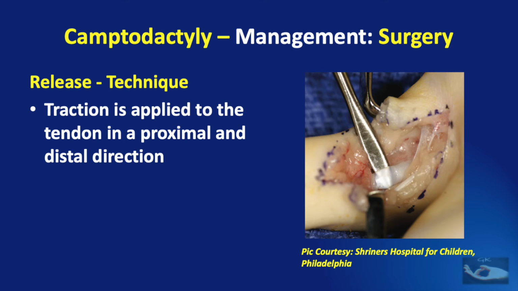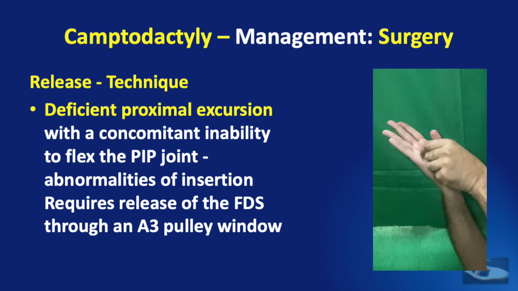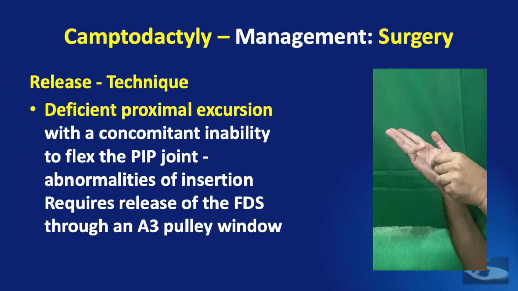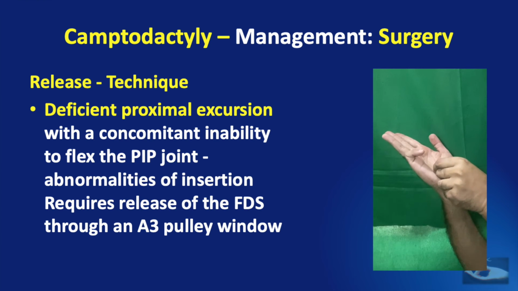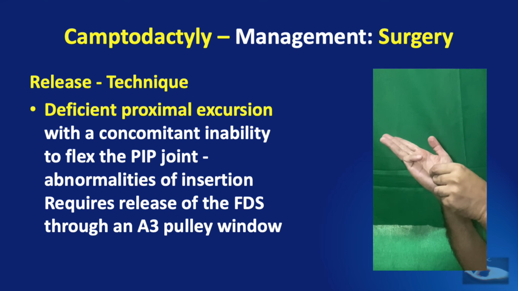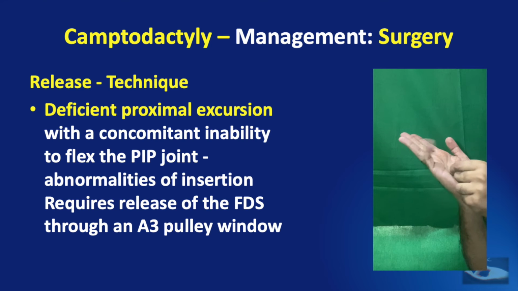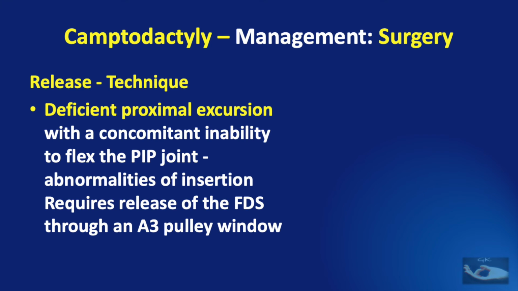Traction is applied to the tendon in a proximal and distal direction to assess its excursion and insertion. Deficient proximal excursion, that is when we pull the tendon proximally and make the finger flex, if there is a concomitant inability to flex the PIP joint, indicates abnormalities of insertion. This problem requires release of the FDS through the A3 pulley window.